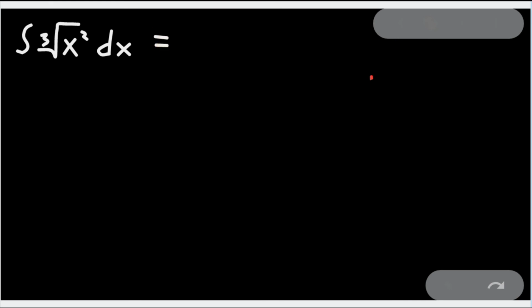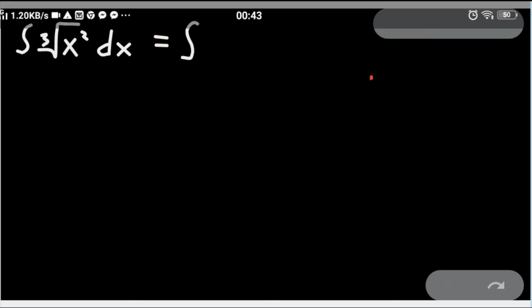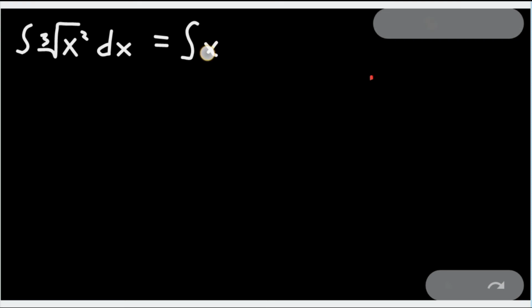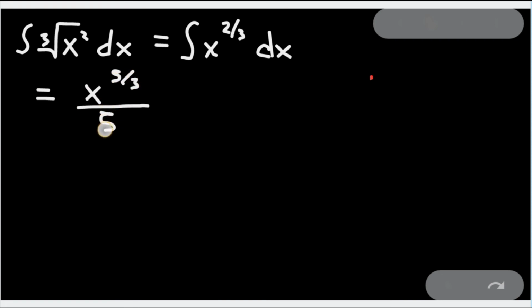So what we have now is x raised to 2/3 dx. So our n here is 2/3. So 2/3 plus 1 is equal to 5/3. So what we have is x raised to 5/3 over 5/3 plus c.